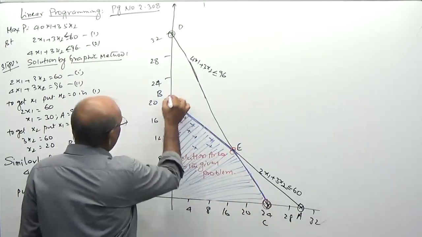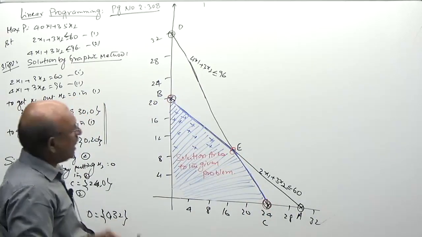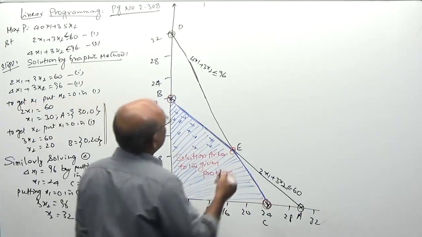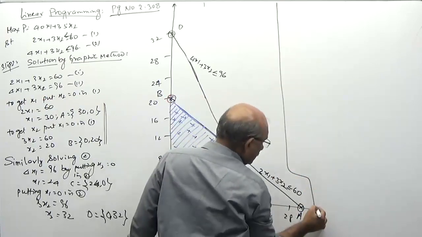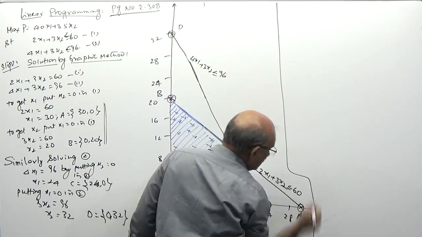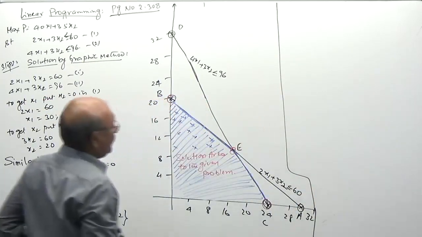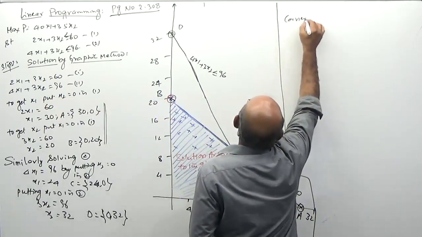Therefore, consider all the corner points in the common area. So this is corner points.